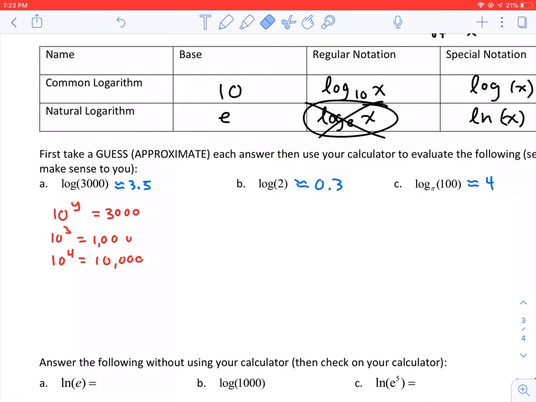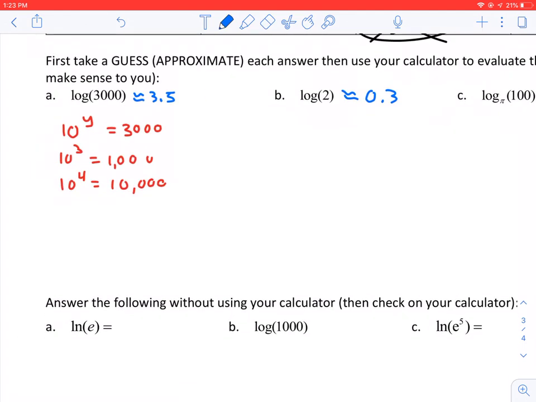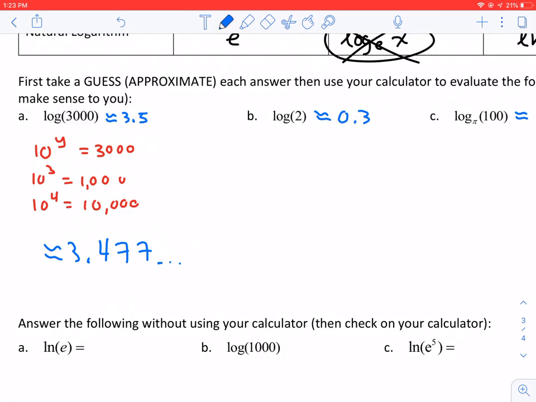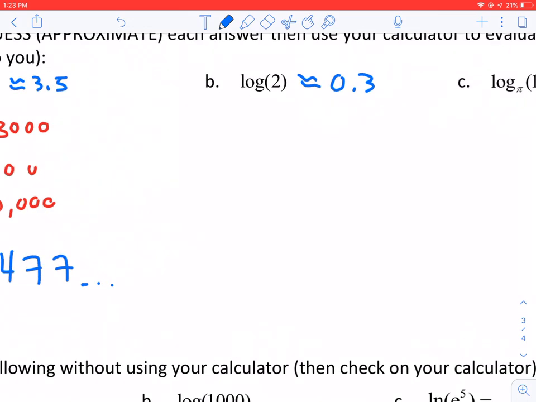And whoa, I was really close. This is actually about 3.477. Alright, so you should be able to kind of approximate these log values. Log base 2, that is 0.30103.